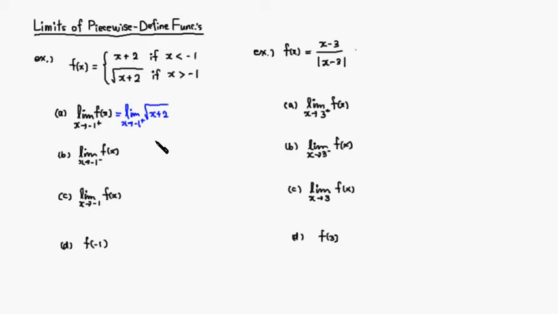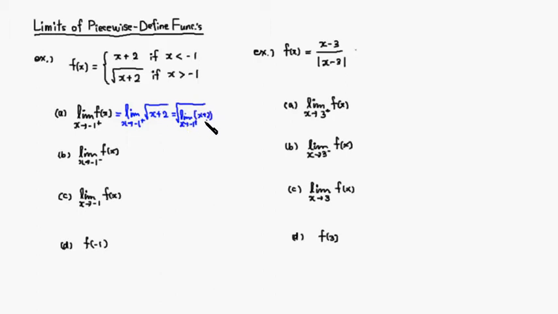right? Then if you have a square root, you can actually put the limit inside the square root. So this is going to be the square root of the limit as x approaches -1 from the right of x plus 2.